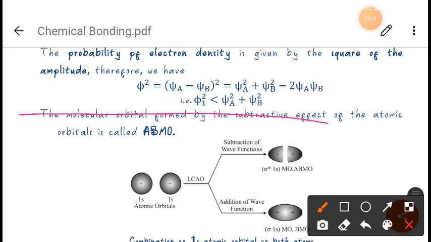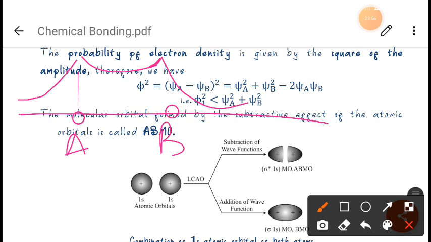This is one line here, and this is A, and this is B.